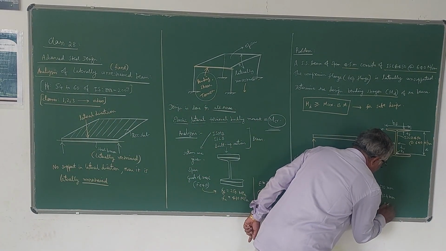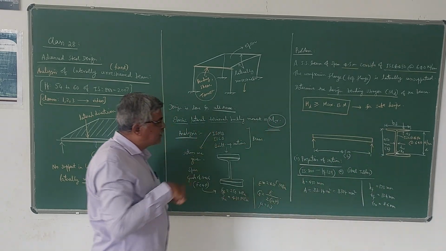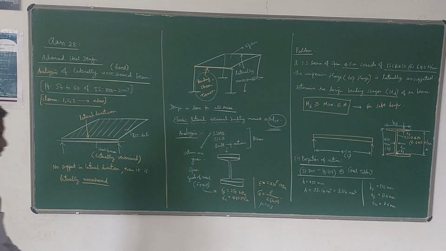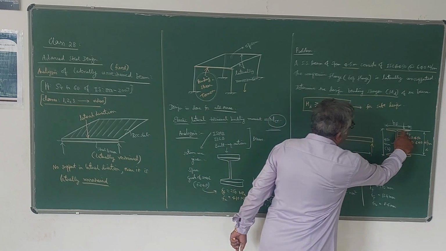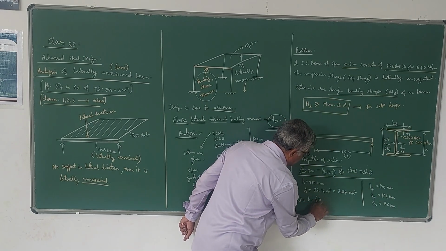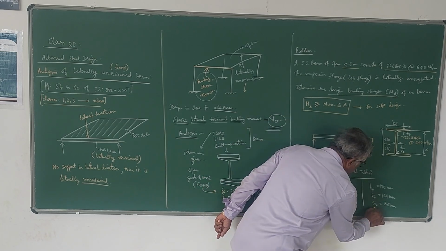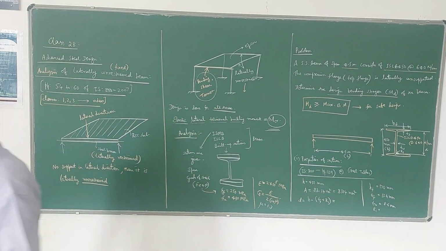Now after writing the properties, the next step is we have to find out D. D is the depth of web. D is equal to H minus (TF plus R1). R1 is the radius at root, which is in the steel table.